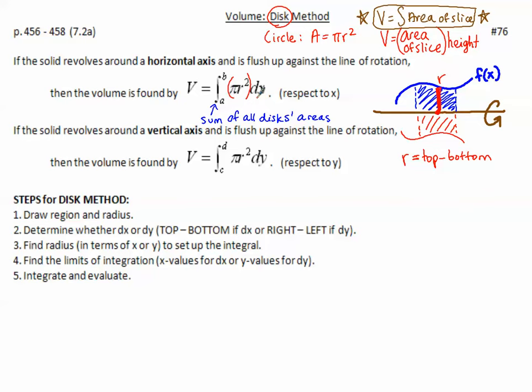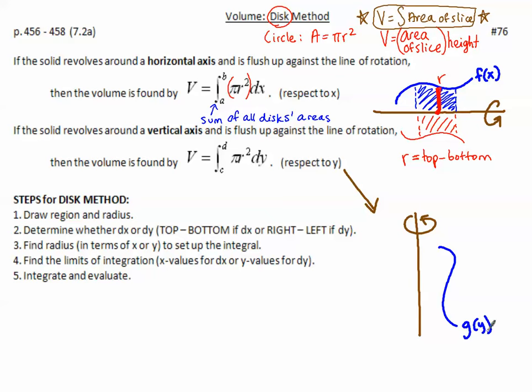Now, you're also going to have situations where you're revolving a function of y around a vertical axis. What does that look like? Let's draw that scenario. Here's a vertical axis. We'll be revolving our region around that. Let's draw a function this time that we'll call g of y.